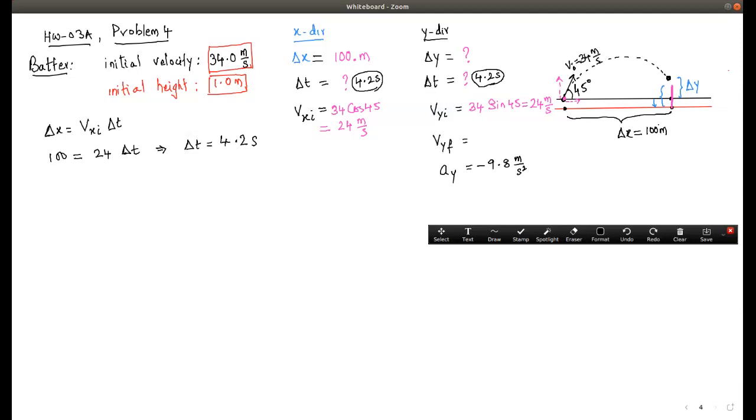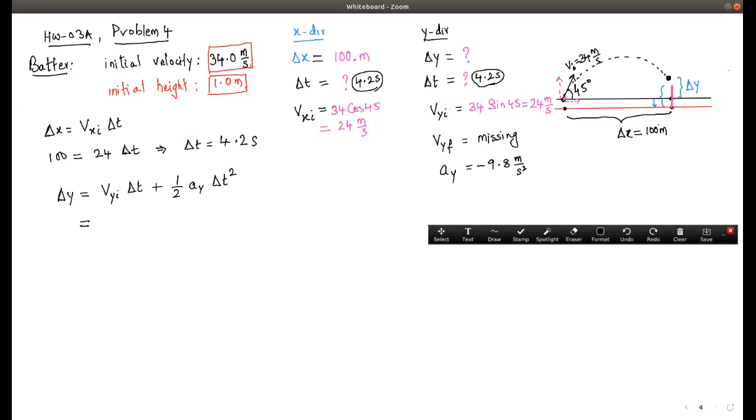I have three pieces of information. Vy final is the missing variable, so I use the equation that does not have Vy final, and that's delta y is equal to Vy initial times delta t plus half ay delta t squared. Same equation showed up in the last problem, but now the Vy initial is not 0.